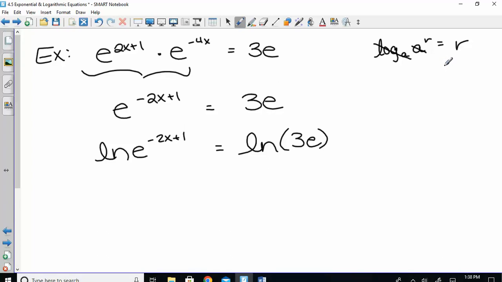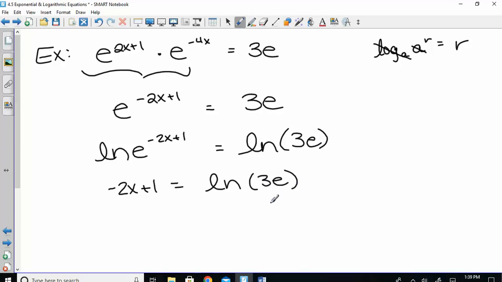The log base A and the A cancel. Natural log just means log base E. So log base E of E would just cancel and give me negative 2x plus 1. I can't do it on this side because I have a 3 attached to that E.